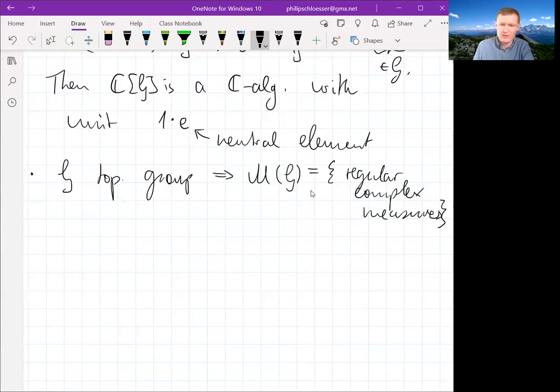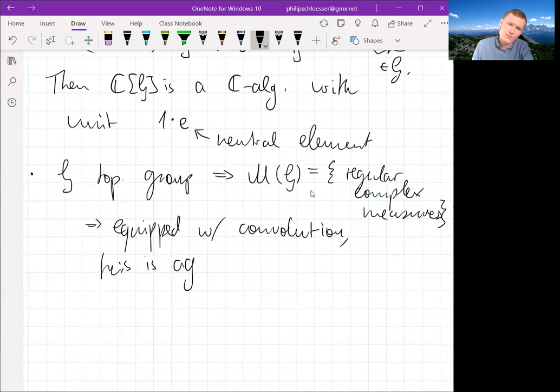This forms again an algebra, and it again has a unit, namely the Dirac measure at the neutral element.